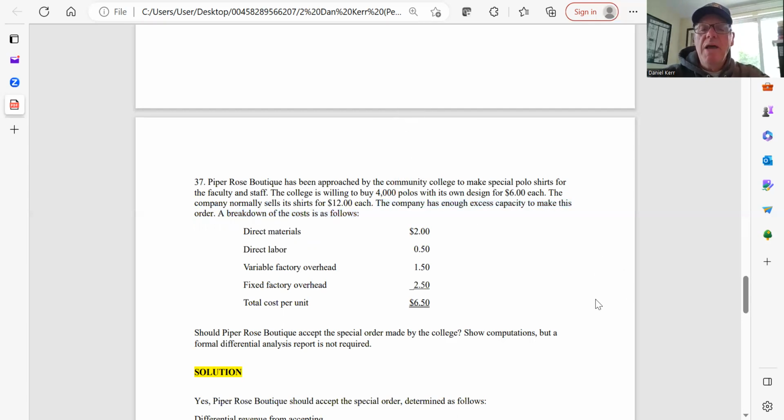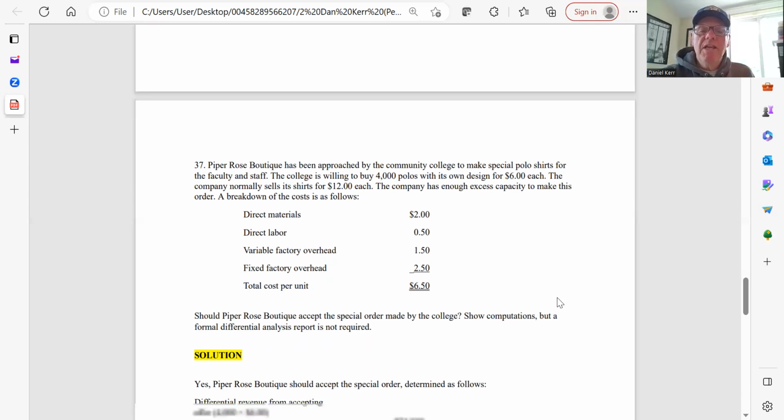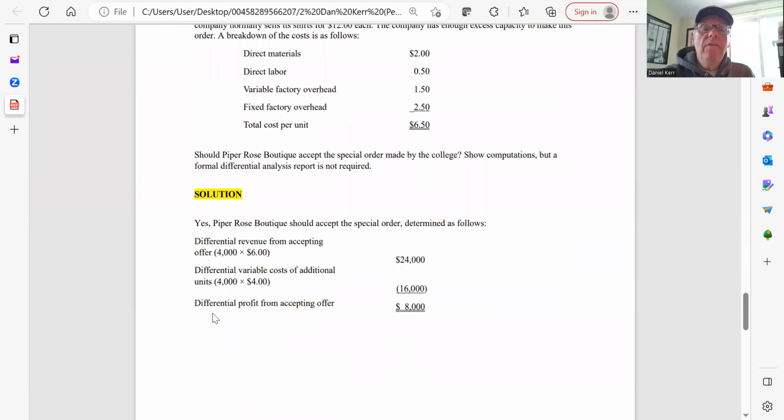So they've got unused capacity, which means the fixed costs aren't really relevant for a special order. So should they accept the special order or not? Well, they've got 4,000 units that they could sell for $6 a unit. That's 24,000.